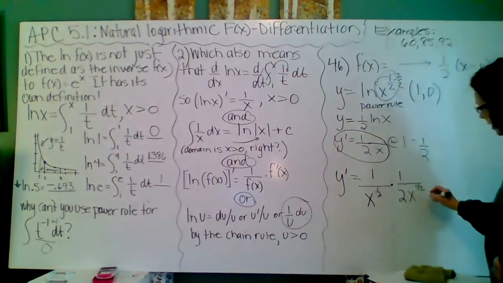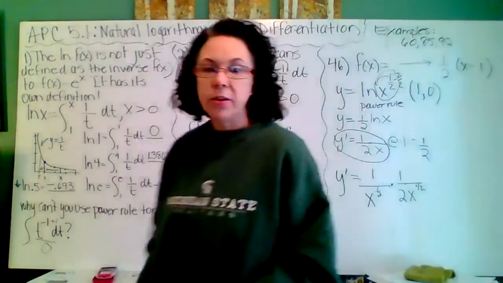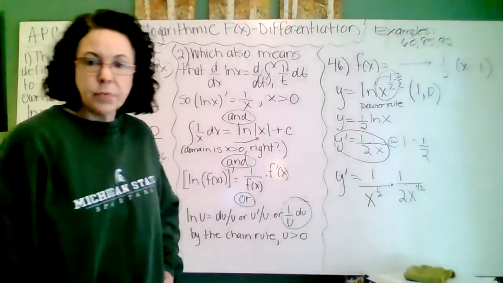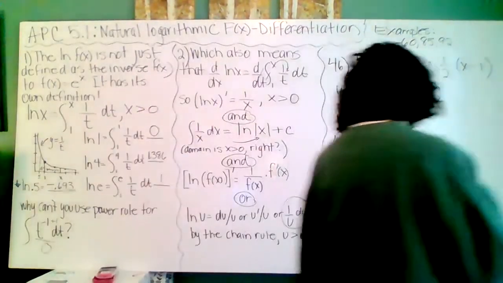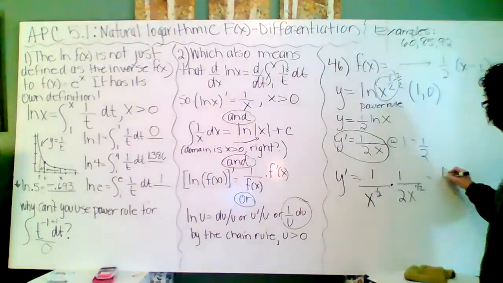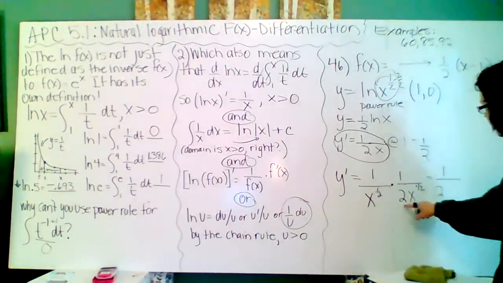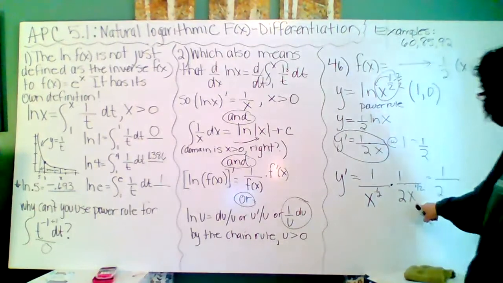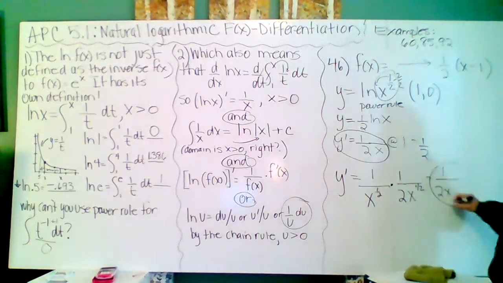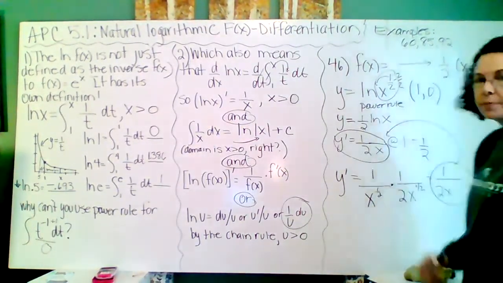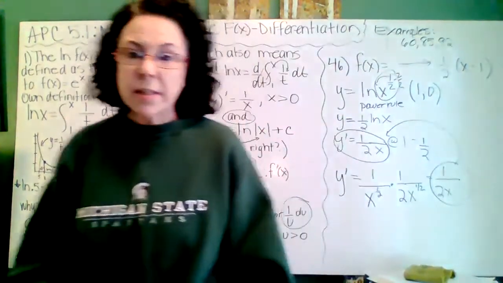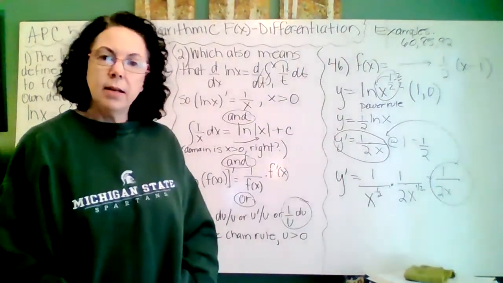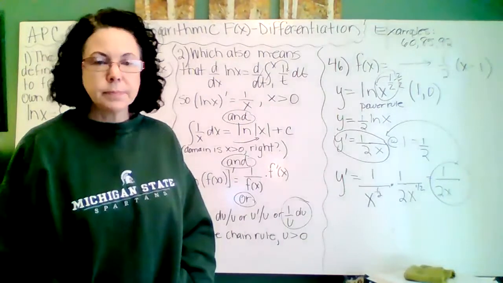I am going to put it in the denominator as a positive 1/2, right? Take a look. What do I have here? 1 in the numerator, 2 in the denominator. x to the 1/2 times x to the 1/2 is x. So notice that I do get the same derivative, but wasn't that a lot more complicated when I didn't use the power rule?